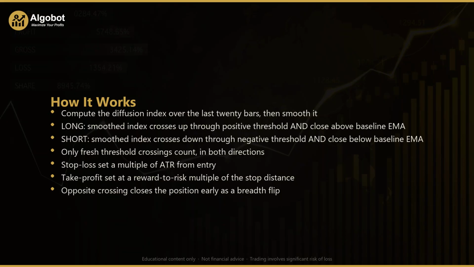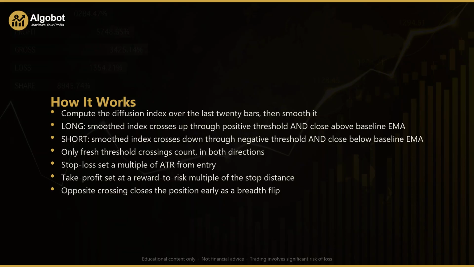A short entry is the exact symmetric mirror. The smooth diffusion index must freshly cross down through the negative threshold at -0.30, and the close must be below the baseline EMA. The behavior on both sides is identical, just flipped. Once an entry is confirmed, the strategy sets its protective levels using the average true range.